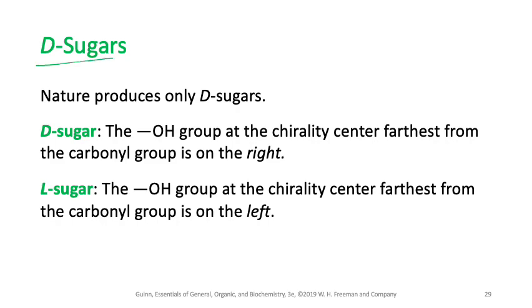So let's talk about D sugars. We already talked about the different types of sugars we have. We can have D or L depending on the OH group on the last chiral center furthest away from the most oxidized group, the carbonyl group, right? I hope everyone knows by now how to differentiate L and D carbohydrates from the Fischer projection structure.